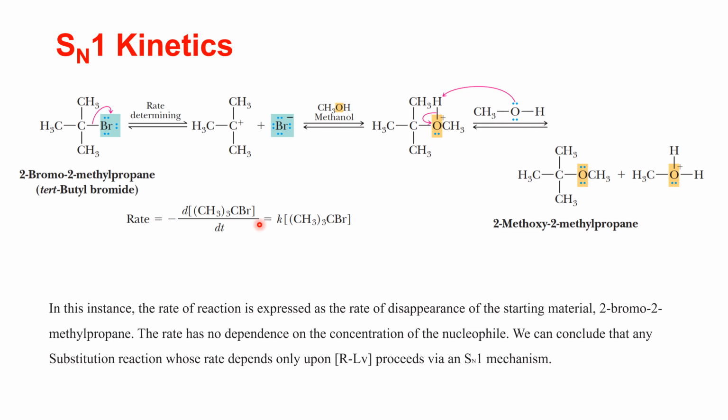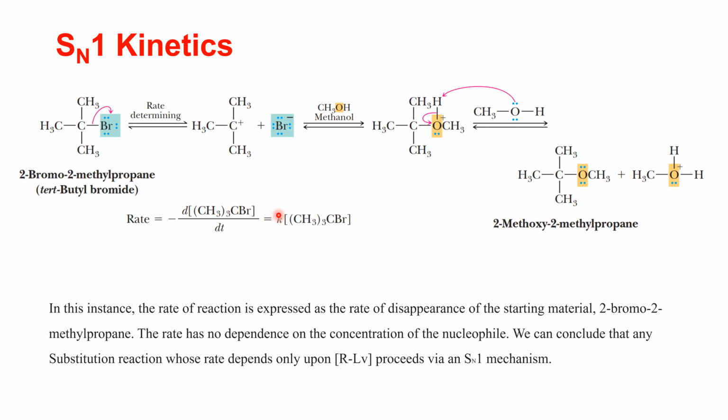And from this we can find out the rate of this reaction. The rate of this reaction is basically determined by the differential rate law equation. Here you can see the differential of the concentration of the reactant with dt, over time, which gives you the idea that this is a function of time.